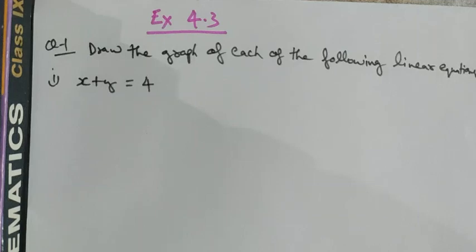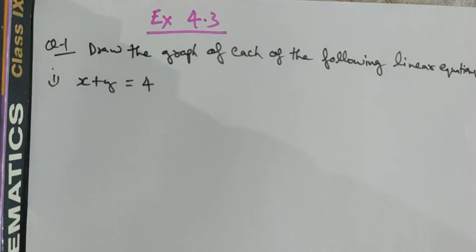So remember children, in your NCERT books, although it is given that you have to calculate any two solution pairs and then plot the graph, we will be doing it by finding three solution pairs and then plotting the graph.